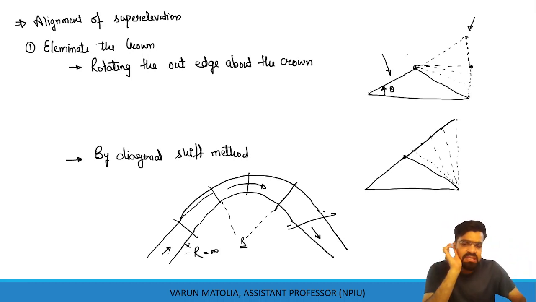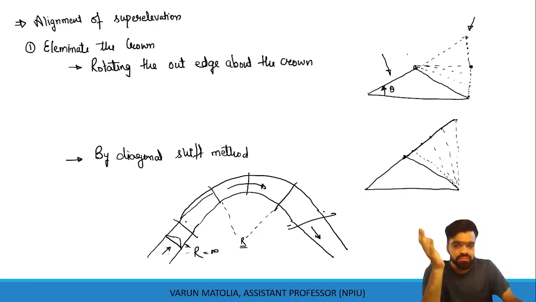So this is the transition zone where slowly and steadily we remove the crown till we reach the start of the transition zone. We eliminate this crown completely, and after this transition zone, to the start of the curve, we provide the value of super elevation.